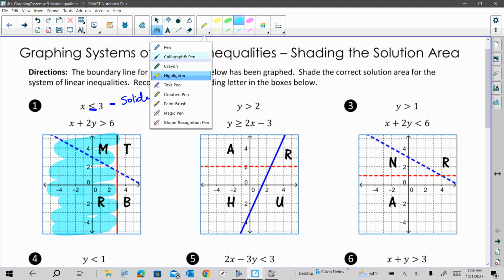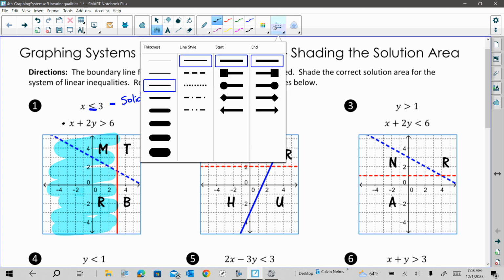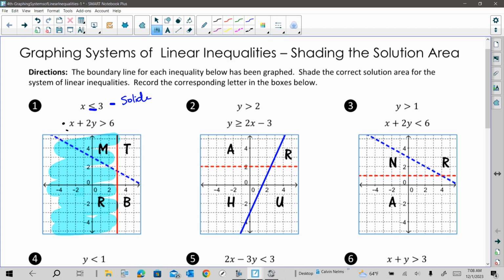Now, on the second inequality here, this is not in slope-intercept form, so just remember to do that. You just say minus x. Okay, so this is going to be 2y is greater than negative x plus 6, and then you divide everything by 2. Okay, so y is greater than negative 1/2 x plus 3, which matches right there.